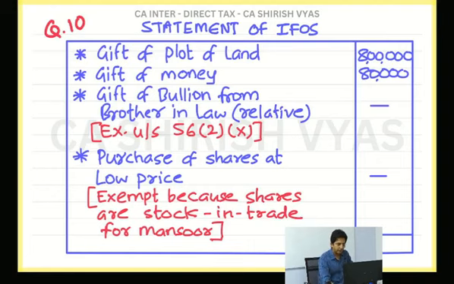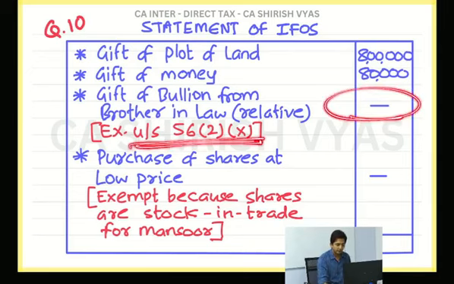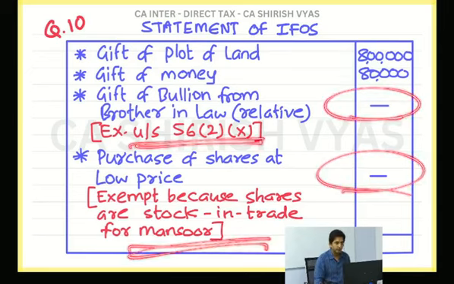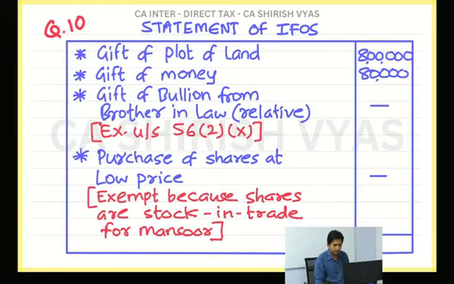In bracket, see, everywhere you have to give the reasoning, especially when you are putting a dash. Otherwise the paper setter's ego will get hurt: I have given the amount, why did you put a dash? So you should give reason for that. Wherever you put a dash, you have to put a reason. See here also I gave reason, here also I had given reason. Exempt because shares are stock in trade for Mansoor. That's it, the question is over.